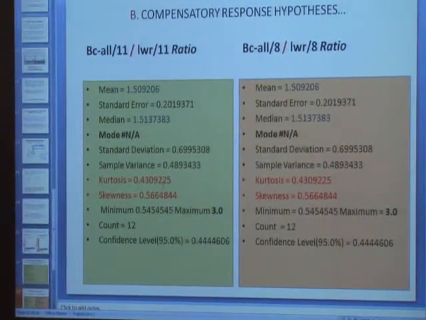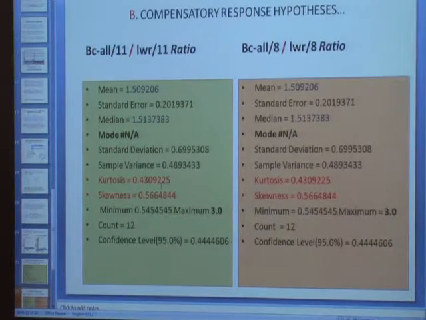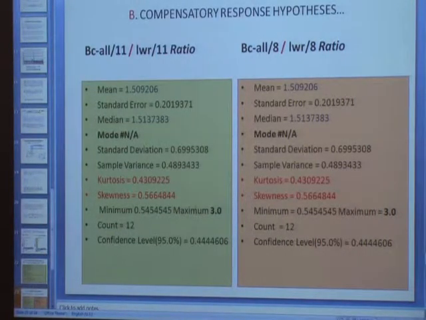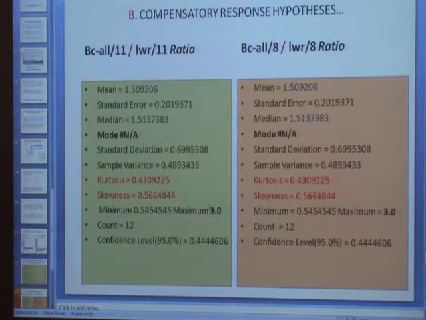All these numbers are the same. Why is that? Because the minimum is this and maximum is 3.0. So it doesn't have too much variability. So there is no biological effect here. It is the random event due to the small variability. That's what my interpretation is.